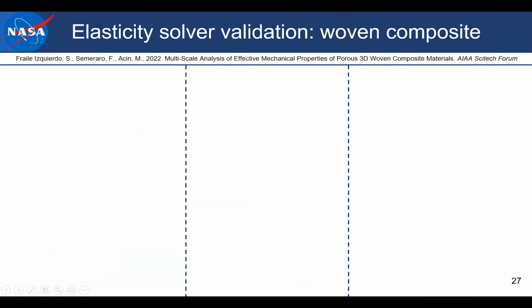One last slide from me is about an application case for the elasticity solver that we've been running for validating the solver for woven composites. This will be presented in a paper at the next AIAA SciTech by my colleague Sergio.